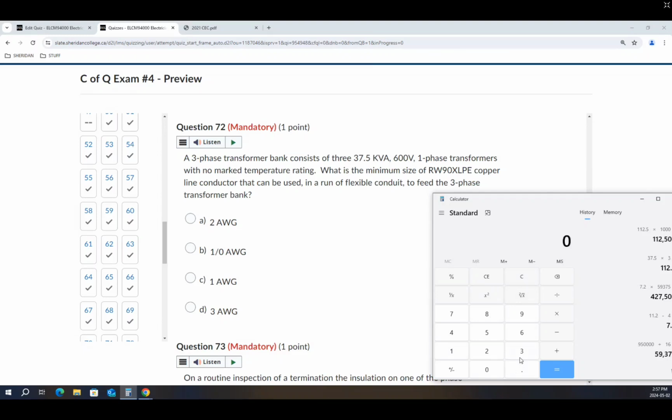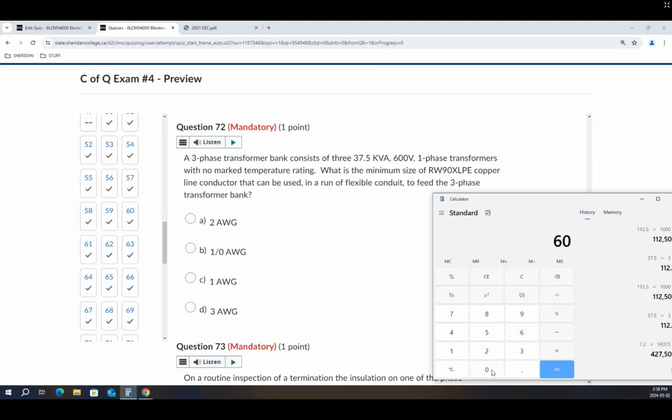So hang on. That was 37.5 times 3. And now I've got to multiply by 1,000 to get VA instead of kVA. And I've got to divide that, so I'm going to put that into memory. And my denominator is going to be my voltage times the root of 3.